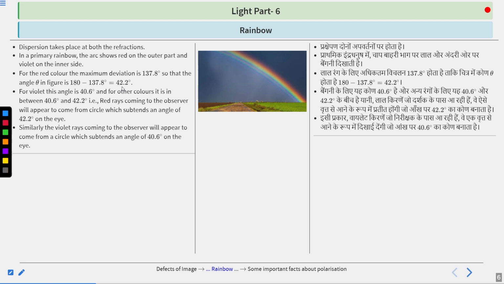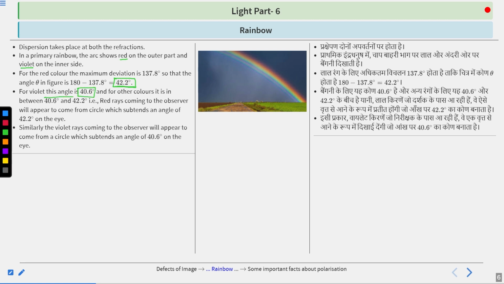So we could say basically whenever we see a primary rainbow, it usually shows that the violet is on the inner side and the red is on the outer part. So here you can say this is the red part, this is the violet. Okay. Why is it happening? Because for red, the angle of deviation theta is nearly 42.2 degree and for violet it is 40.6 degree.